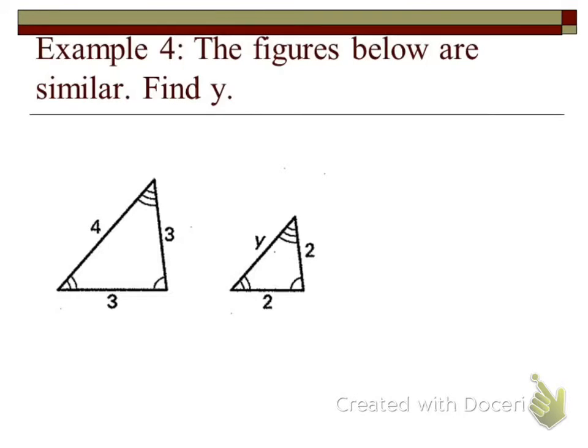This one is up to you. You can start with either one. If you want to put the bigger numbers on top and the smaller numbers on bottom, you can. If you like smaller on top, bigger on bottom, that's fine. You just have to do it the same way for all the ratios that you write. So do you guys want to do bigger on top or bigger on bottom? Bigger on top. Okay.